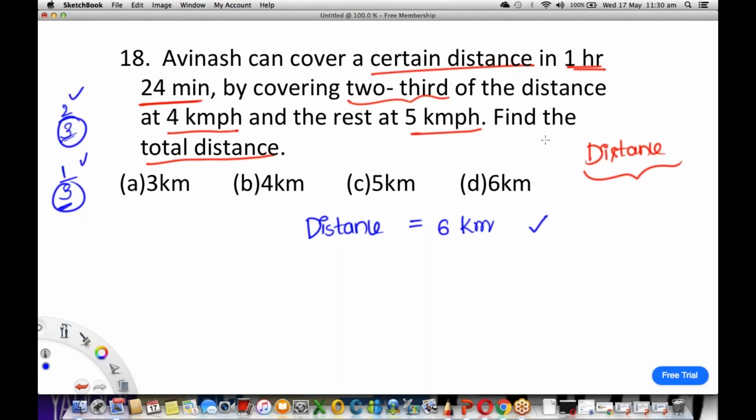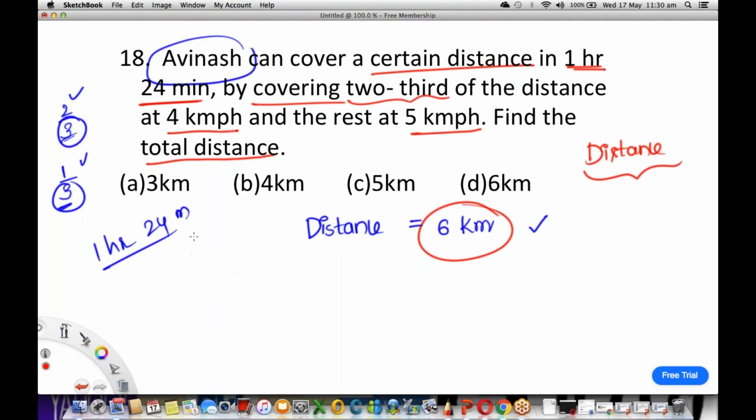So now you just proceed with the problem. Avinash can travel 6 kilometers in 1 hour 24 minutes. That's the first statement. With that I cannot do anything, so go for the second statement. By covering two-thirds of the distance. What is two-thirds of 6 kilometers? Two-thirds of 6 kilometers is nothing but 4.